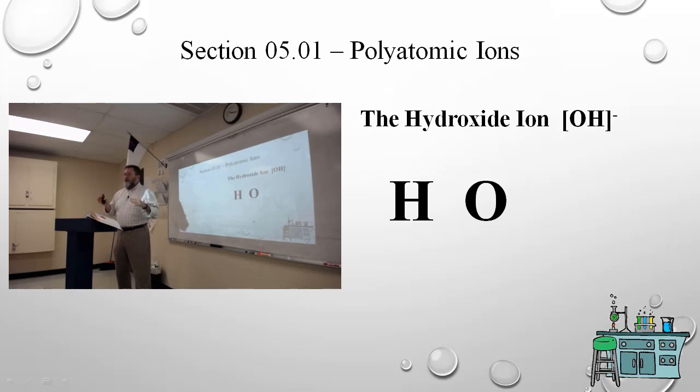And we do that in the formula by using parentheses. And we do it within writing the ions, like we're going to be doing right now, by using brackets. So we're looking at the hydroxide ion. The hydroxide ion has a net 1 negative charge.